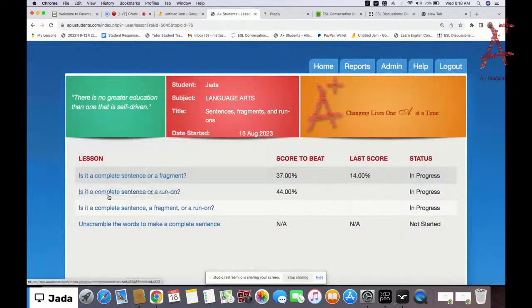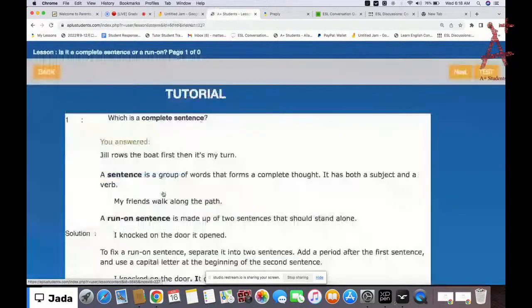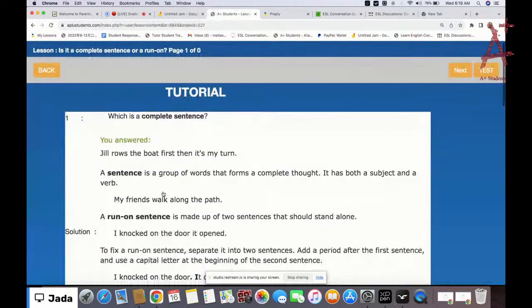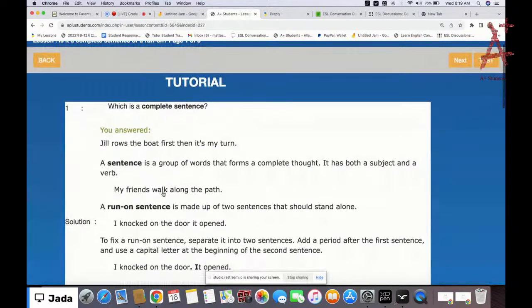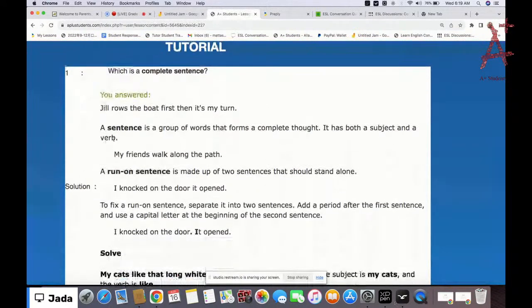Is it a complete sentence or a run-on? So now we are going into is it a complete sentence or a run-on? So now this is the same thing, just the same explanation that we have for the complete sentence.